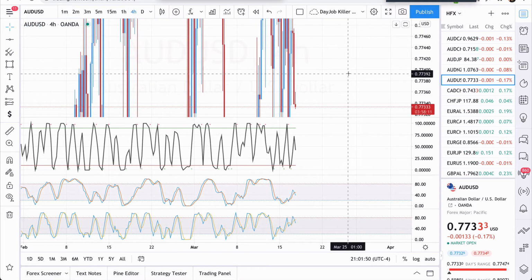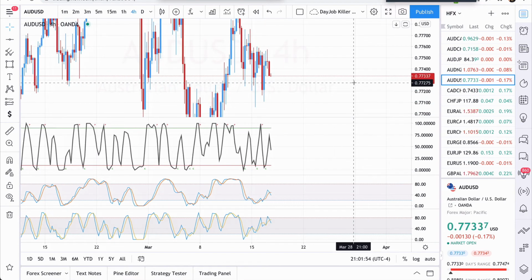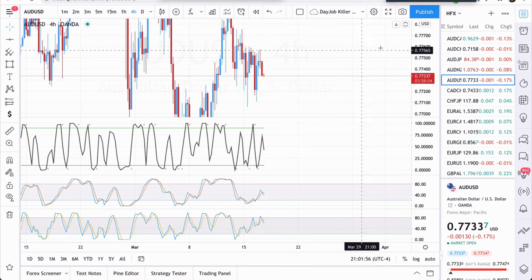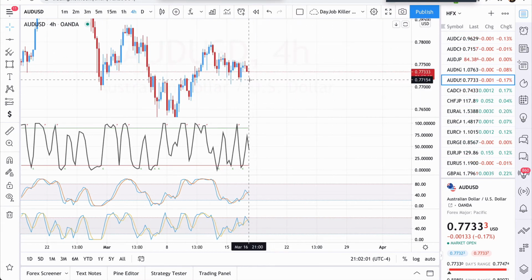Let's see what's going on with AUD USD. Okay, so AUD USD, if you understand charts, we're getting bearish momentum.